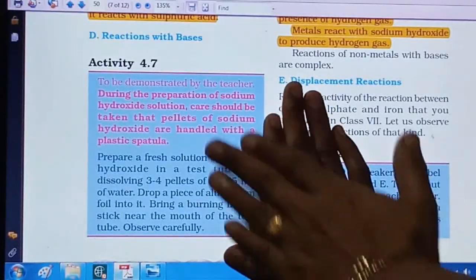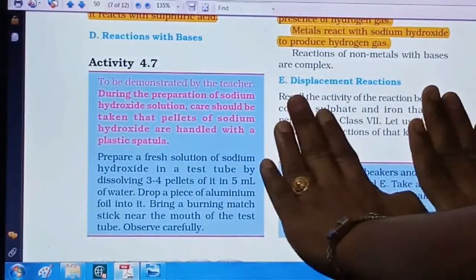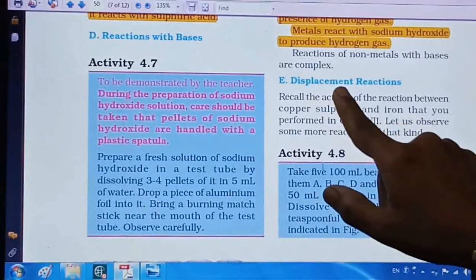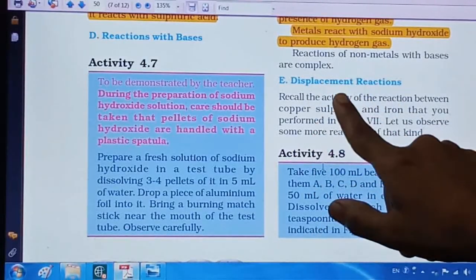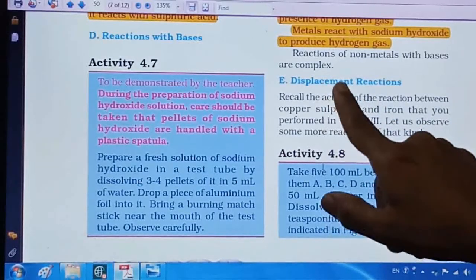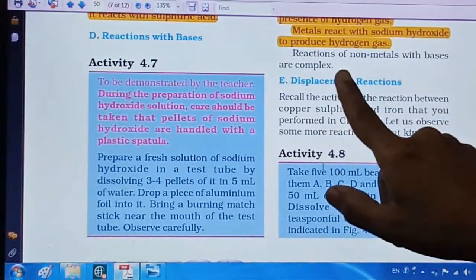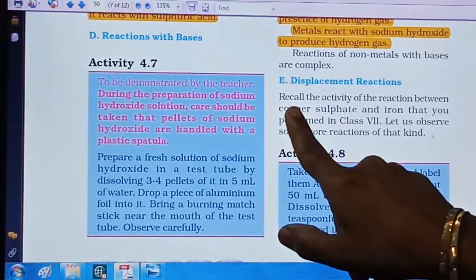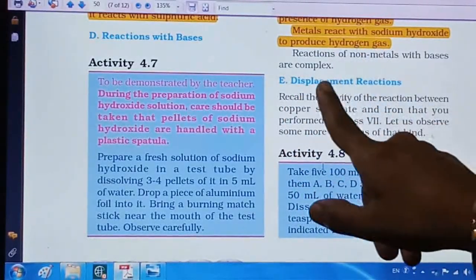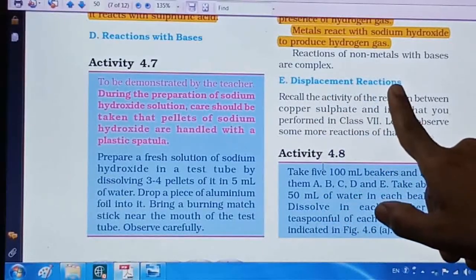So in case of metals and non-metals, we can see the displacement of some of the elements takes place. So one metal can displace another metal. Like that, some of the reactions we are seeing in the displacement reaction.